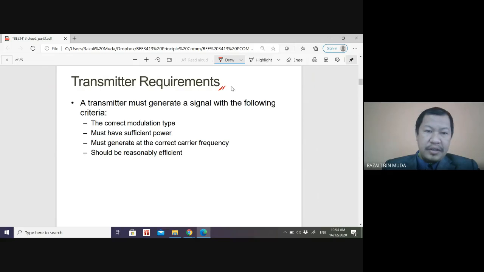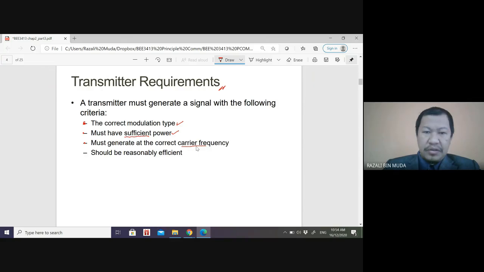First, correct modulation types. Second, it must have sufficient power. Third, must generate at the correct carrier frequency.